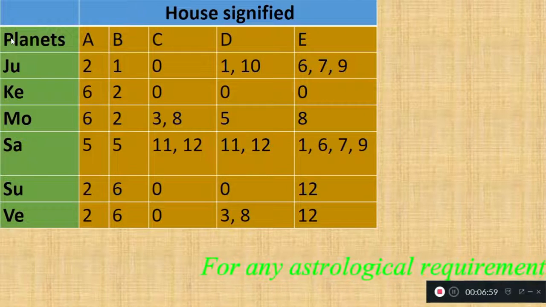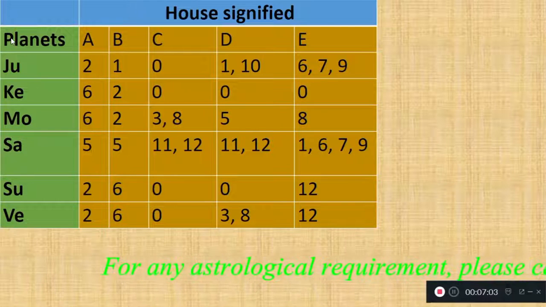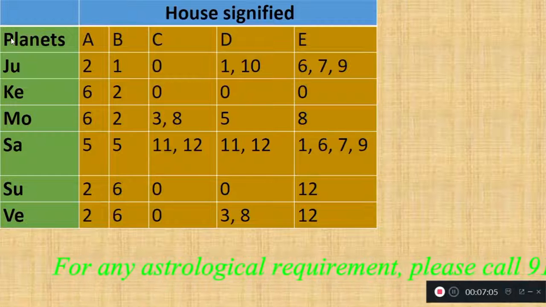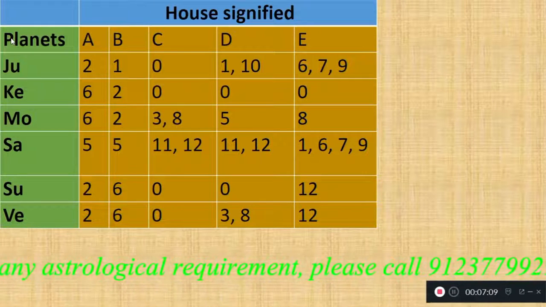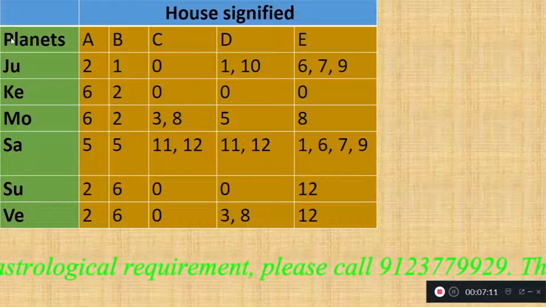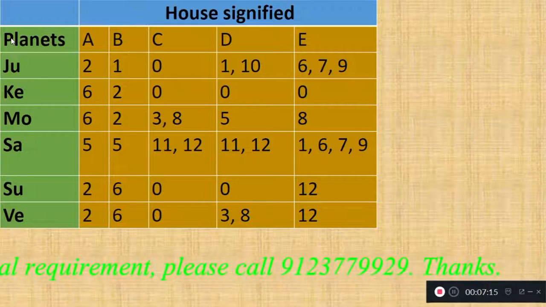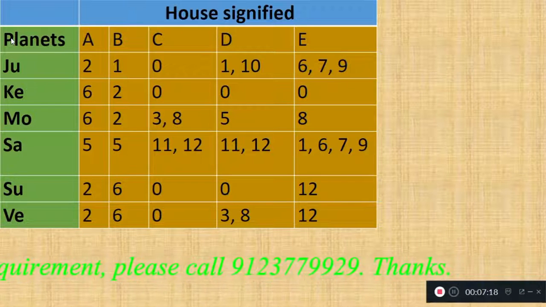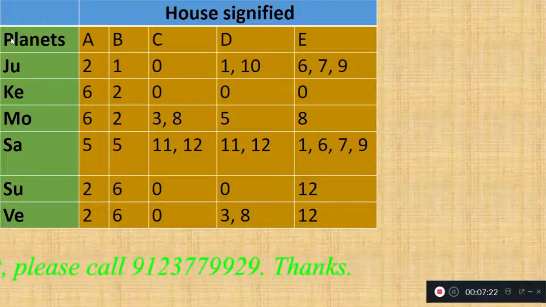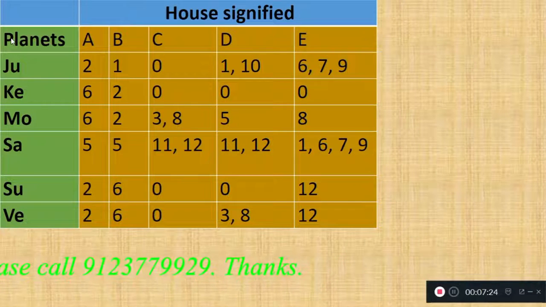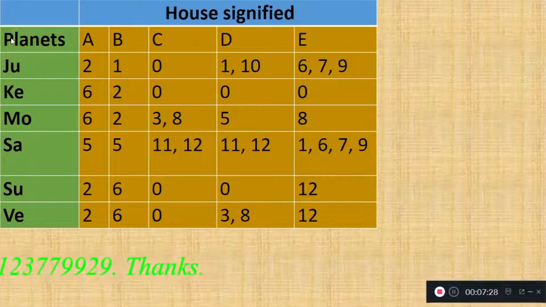The column A is the A-type significator, which are the most powerful. Then the B-type significator, then the C-type, then the D-type and then the E-type significator. E-type significator is most weak. In my earlier lessons, I also told you the definitions of the A, B, C, D, E type significators.